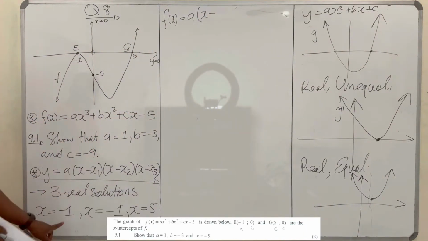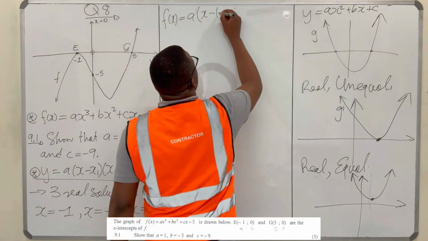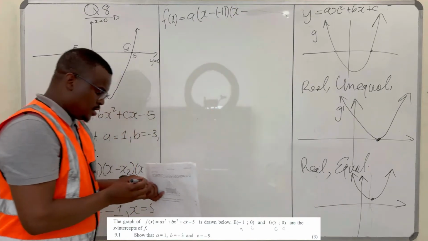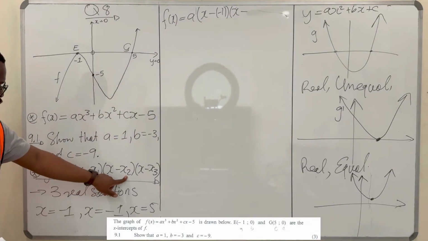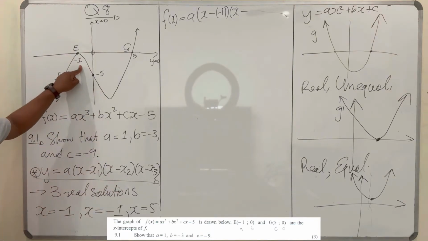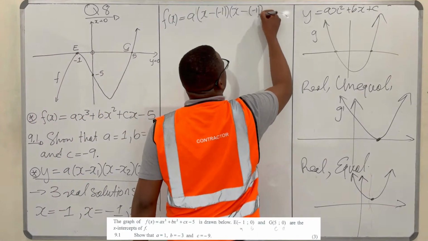What is x-intercept 1? X-intercept 1 is minus 1, right? So it will be x minus negative 1, times x minus what? X minus x-intercept 2. What is x-intercept 2? It's also minus 1 because there are 2 equal roots at that position. So x minus negative 1.